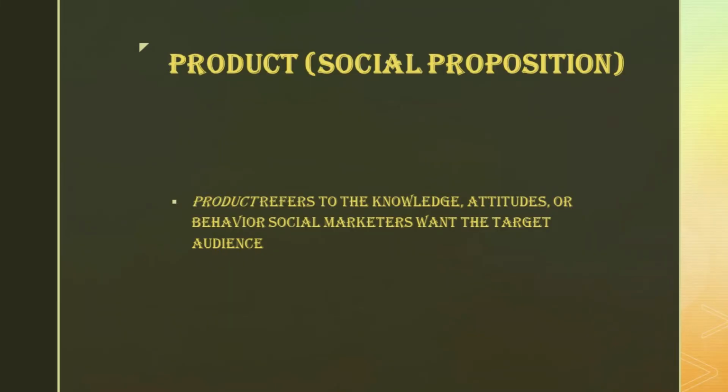Product is the first P of social marketing. Product is the knowledge, attitudes, or behaviors social marketers want the target audience to adopt. In addition to a desired behavior change, such as drinking low-fat milk, the product may be an actual commodity, such as flavored low-fat milk varieties.